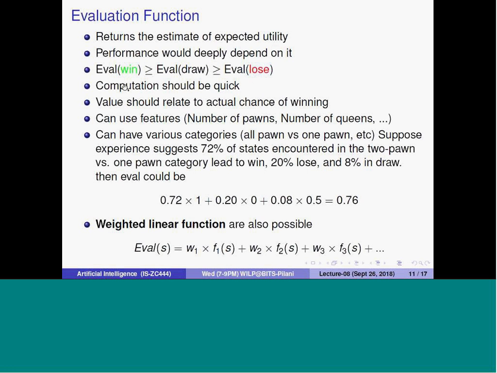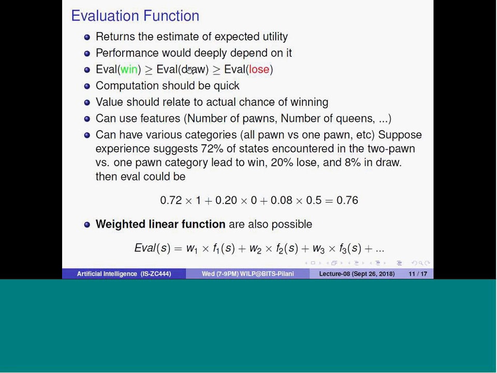What is this property? If you are in a win scenario, because there are some states which are winning states, and somehow you reach that particular state, then whatever value the eval function gives should be greater than the lose value. And in between, if you get a draw at some states, the eval value should be greater than the lose value.